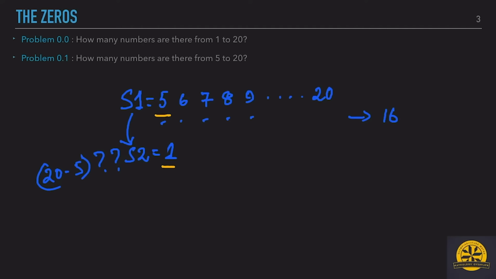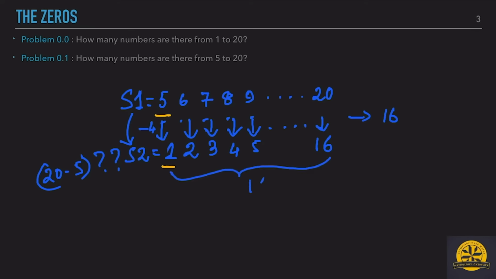We need to subtract 4 from 5. In fact, we can subtract 4 from every number of S1. We would get the sequence S2 as 1, 2, 3, 4, 5, all the way till 16. Now we can see there are 16 numbers in the sequence.